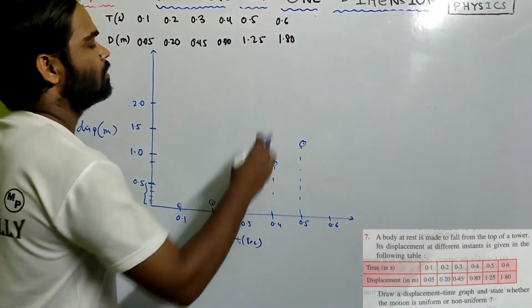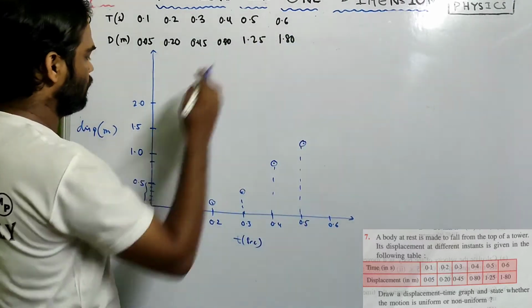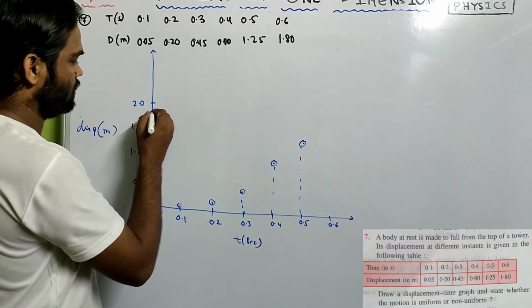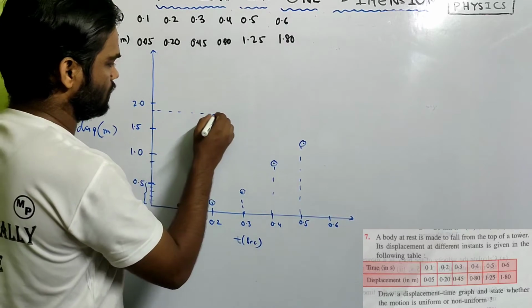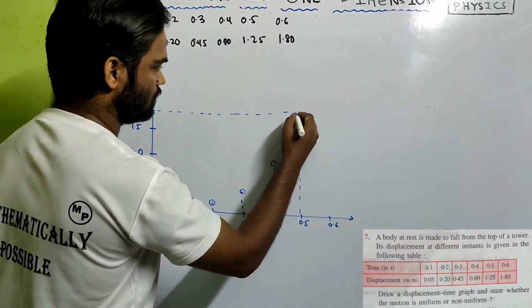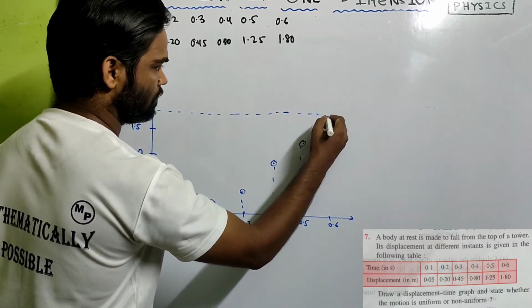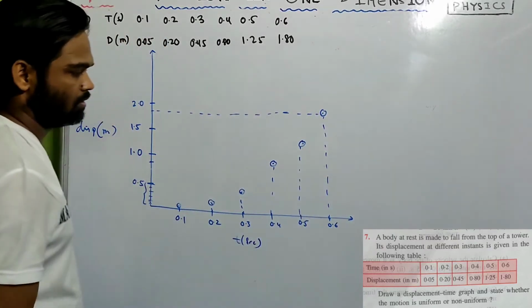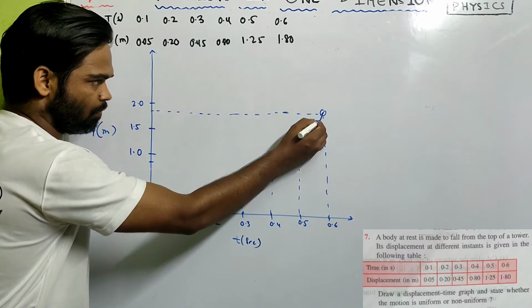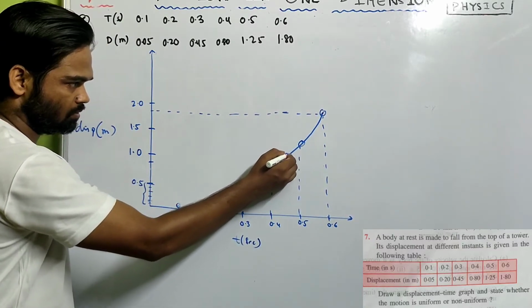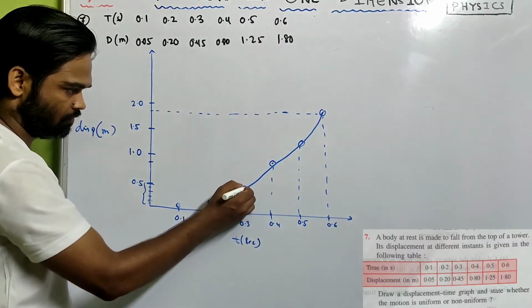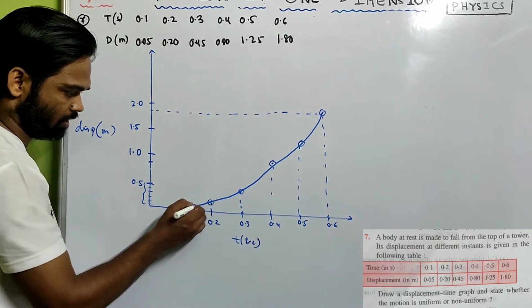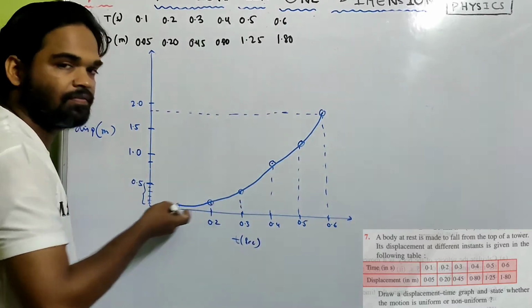Now, 0.6 second, 1.8. 1.8 must be over here somewhere. See, I'm doing it approximately. Now, if you join these points, if you look carefully, we get a curved line.